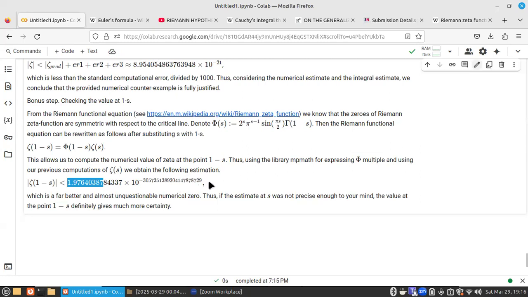That is why, assuming that there were no computational errors in the constructions of libraries like SciPy, MPMath, and NumPy, we can conclude that we've got a fully justified numerical counterexample. And once again, to see why it works, please follow the video with a theoretical argumentation.